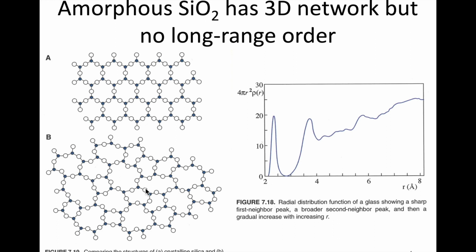It has local ordering in the SiO4 tetrahedron, but beyond that, the long distance order is not there. This graph shows a very sharp peak at a low radius, so you have short range order, but much more chaotic long range order. If this was long range order, you'd expect very specific peaks in this type of graph.